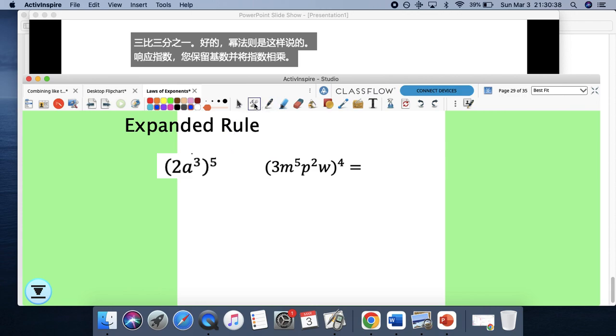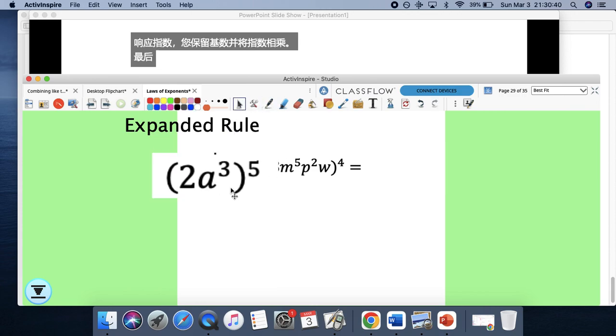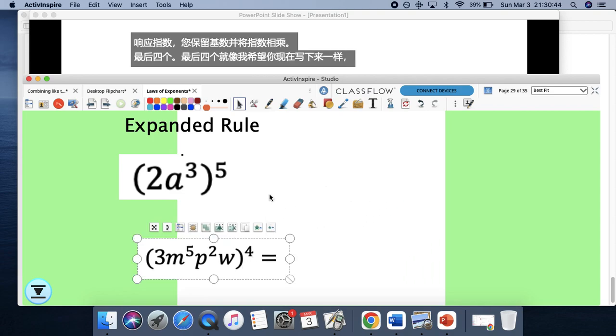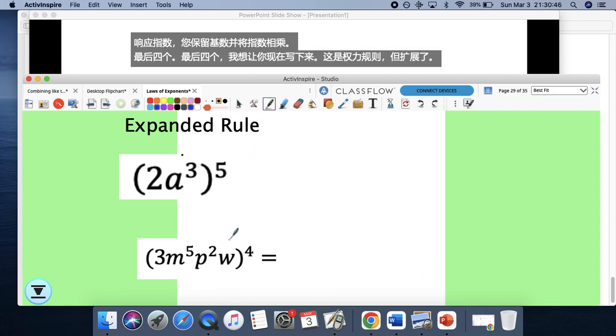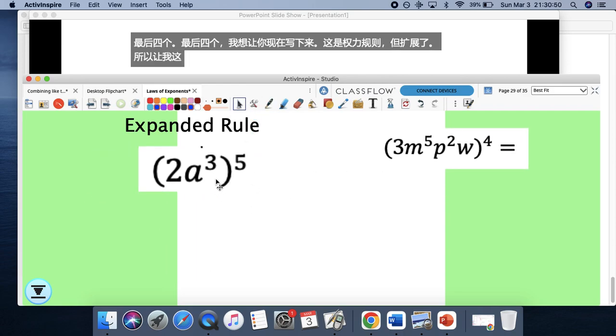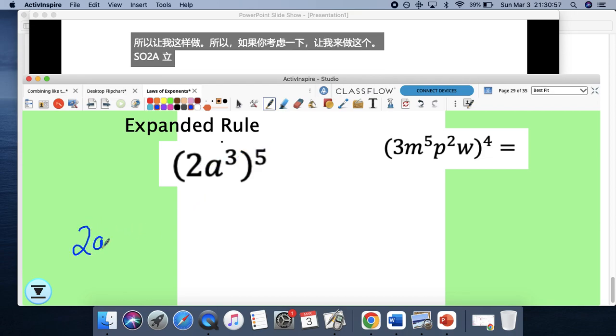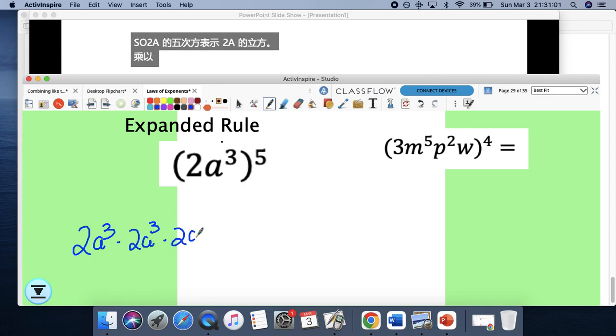Last rule that I want you to write down. Now this is the power rule but expanded. So 2a cubed to the fifth power means 2a cubed times 2a cubed times 2a cubed times 2a cubed times 2a cubed, right?